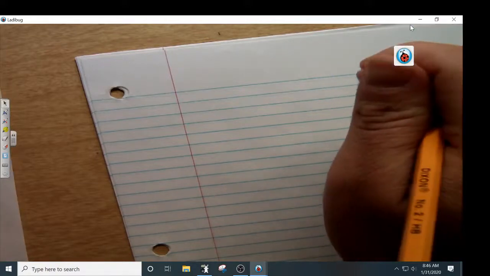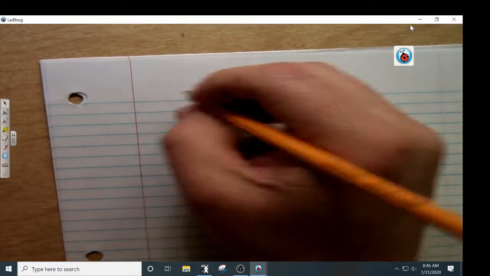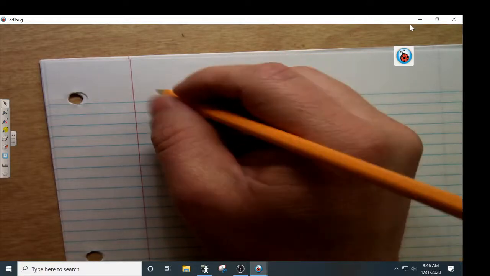Okay, an integer. Let's do a little math history real quick. When the number system was first created, we used a base 10 number system.